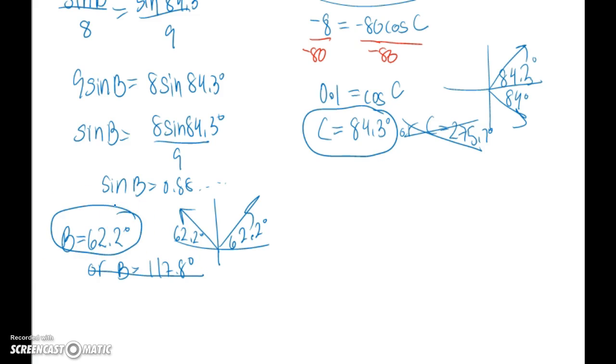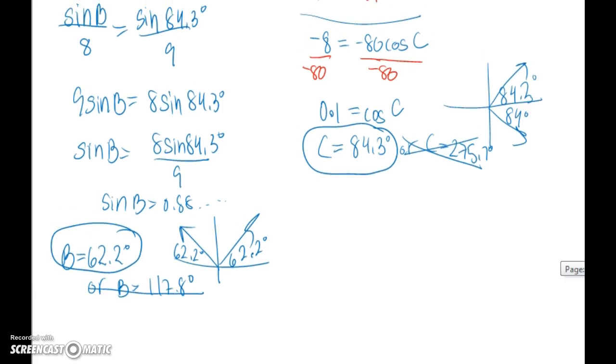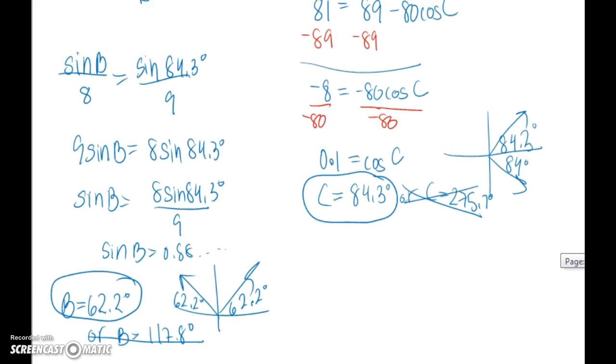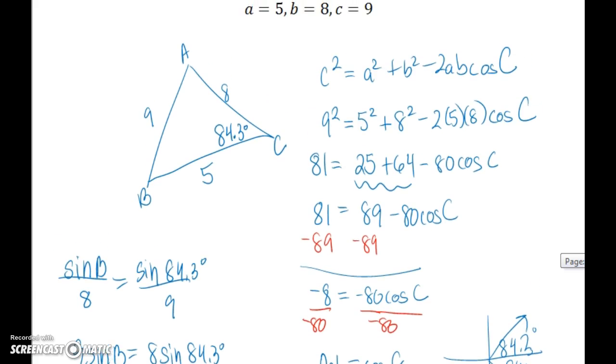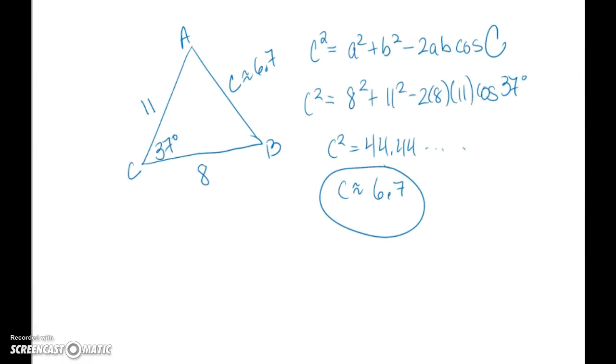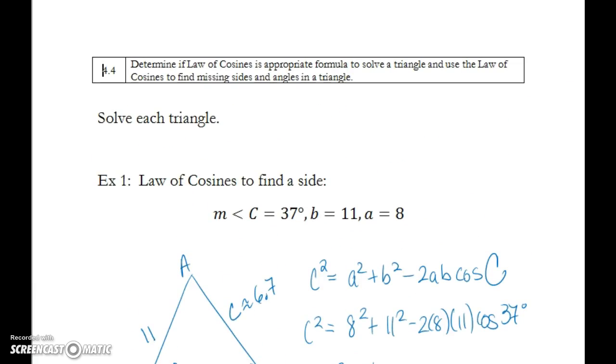And then we can find angle A by using angles B and C. Whenever you use law of cosines, there is only one potential triangle because three sides indicate a unique triangle, or side angle side indicates a unique triangle. This is standard 4.4, using law of cosines.